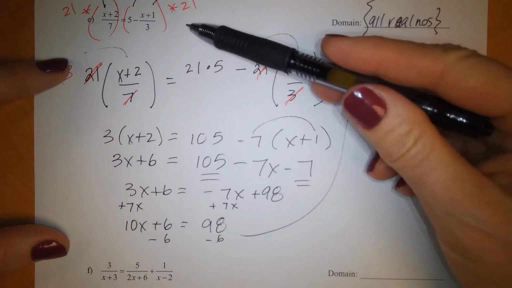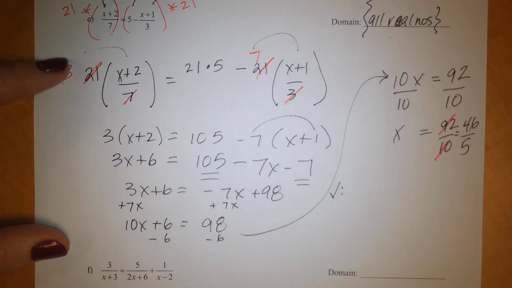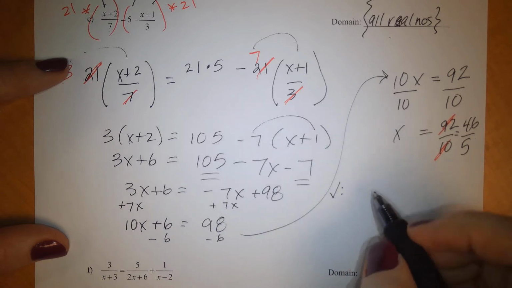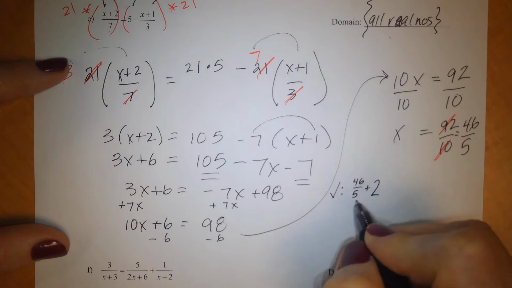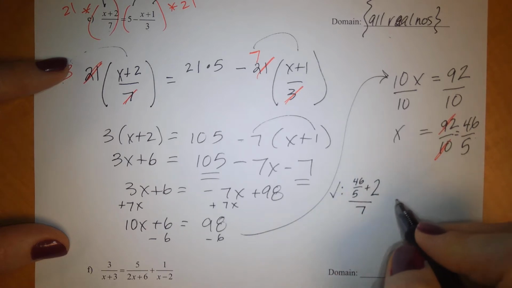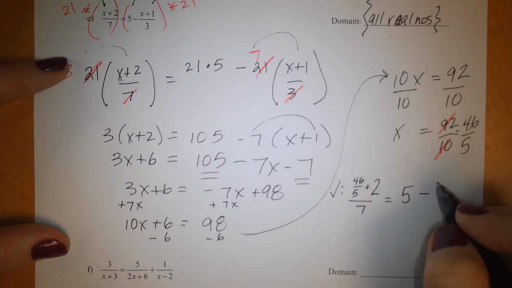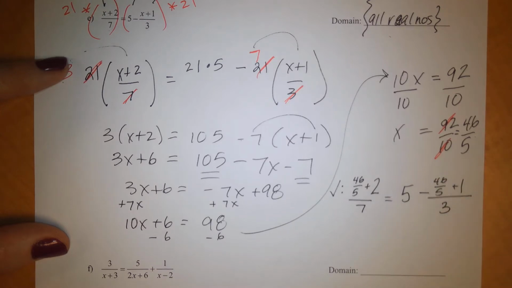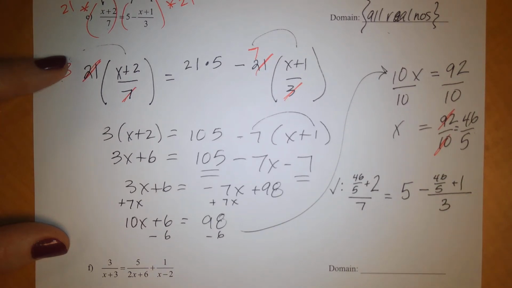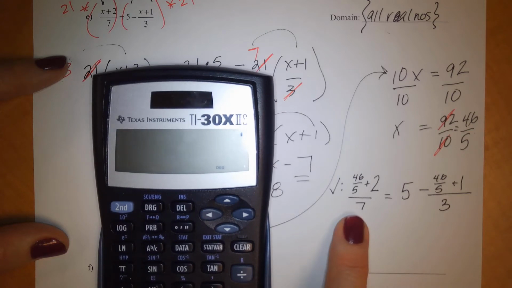Plus, I want to check it in the original equation, so I'm going to do my check down here. We have (46/5 plus 2) over 7 equals 5 minus (46/5 plus 1) over 3. I'm going to put all of this into my calculator.